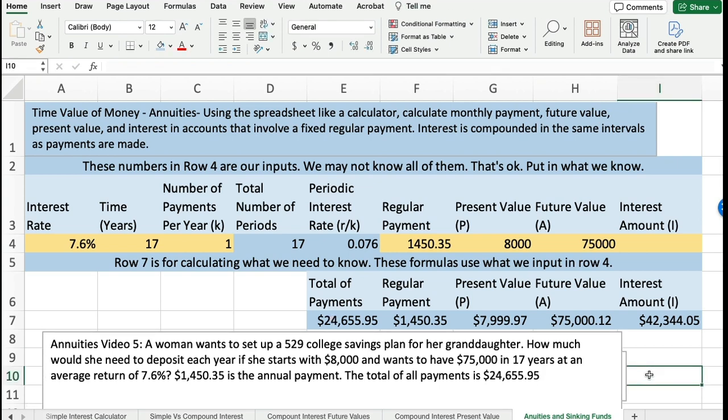They're going to only have to pay out of their own pocket $24,655.95, and that's over 17 years. But they're going to get a return of $75,000 approximately, assuming that their average annual return is, in fact, 7.6%.